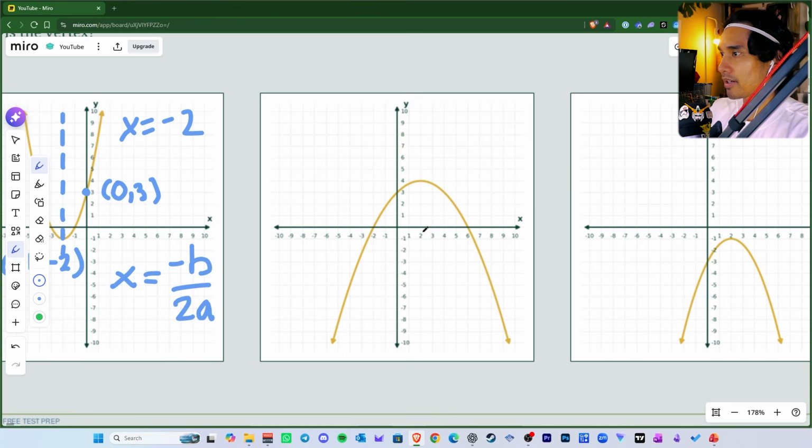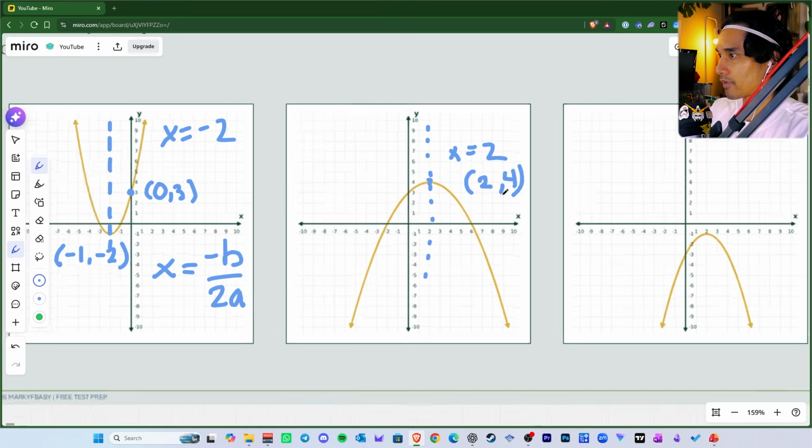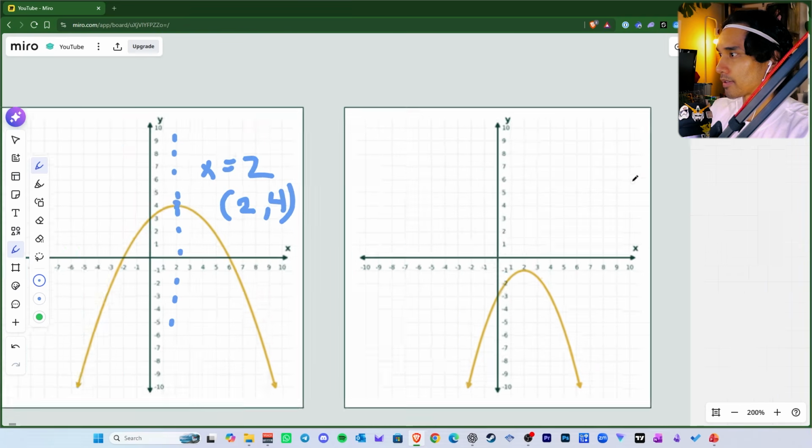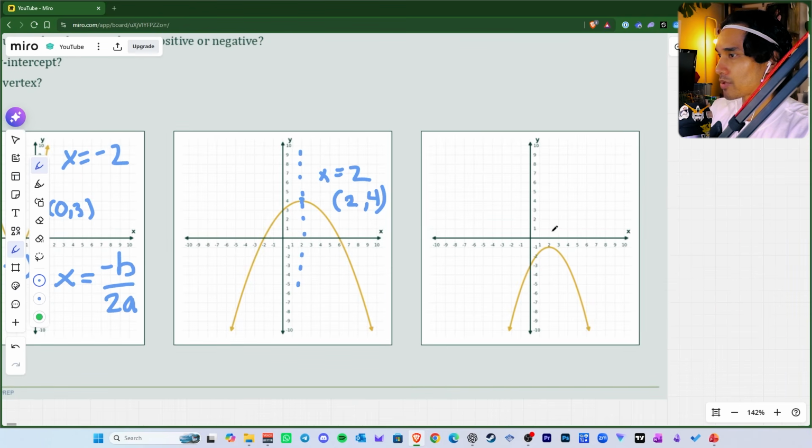And then we see here that the axis of symmetry is right here, I believe, and that is x is equal to positive 2. And then the vertex is right here, and that looks like 2, 4. Okay? Perfect.